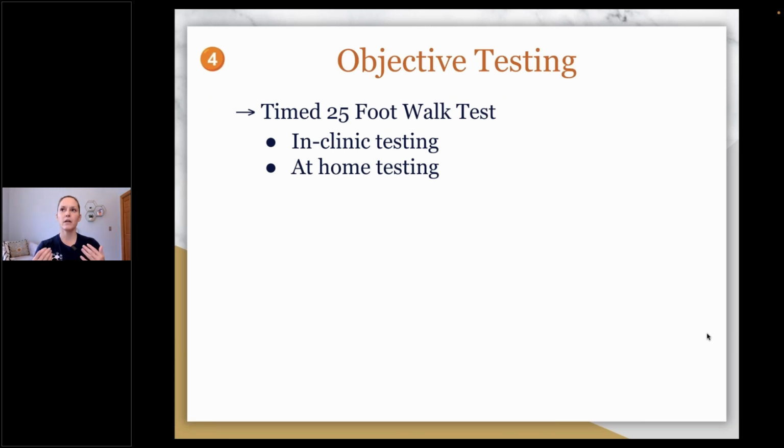Because coming from a physical therapist and from working with thousands of people with MS, as you're improving, your score might slow down. And if the only thing you're looking at is the time it took you, then you might be missing a whole lot of information. You might assume, oh, let me throw in the towel, I'm not getting any better.